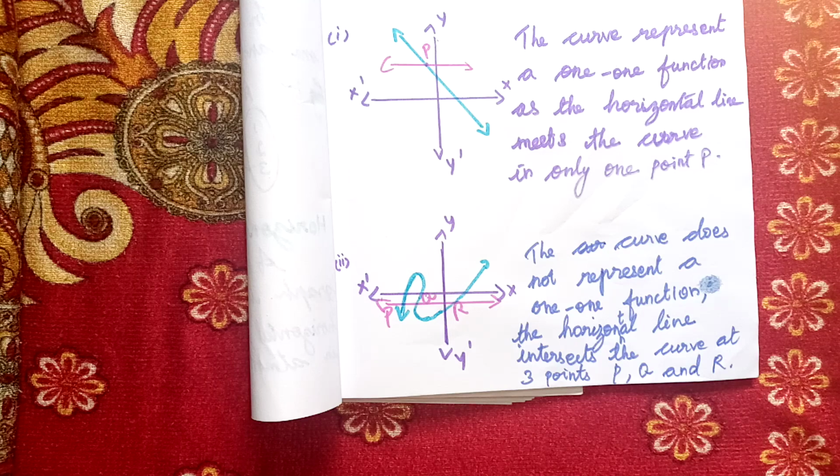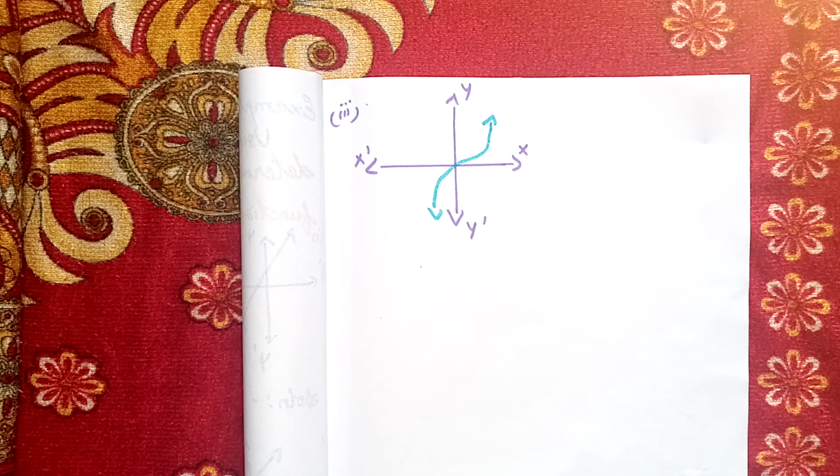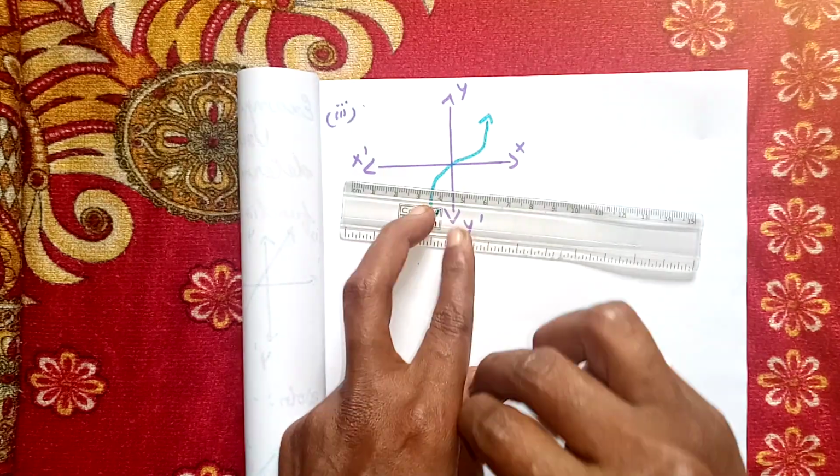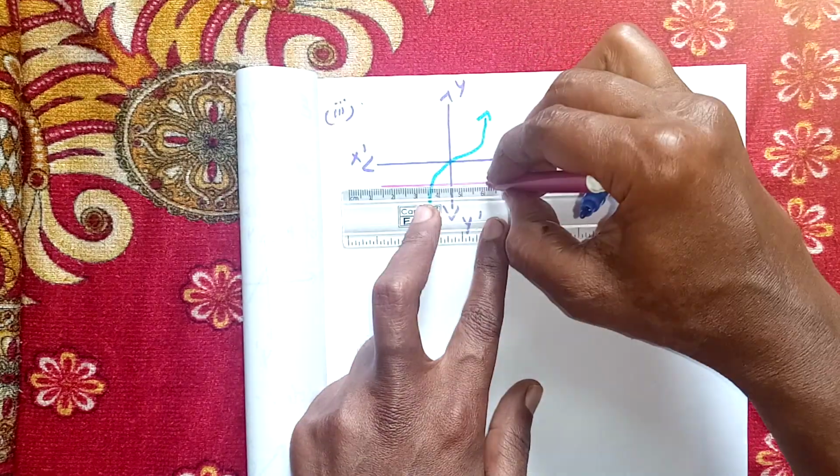Okay, next, third question. Whether it is a one-one function. First we draw which line? Horizontal line, anywhere you have to draw a horizontal line.